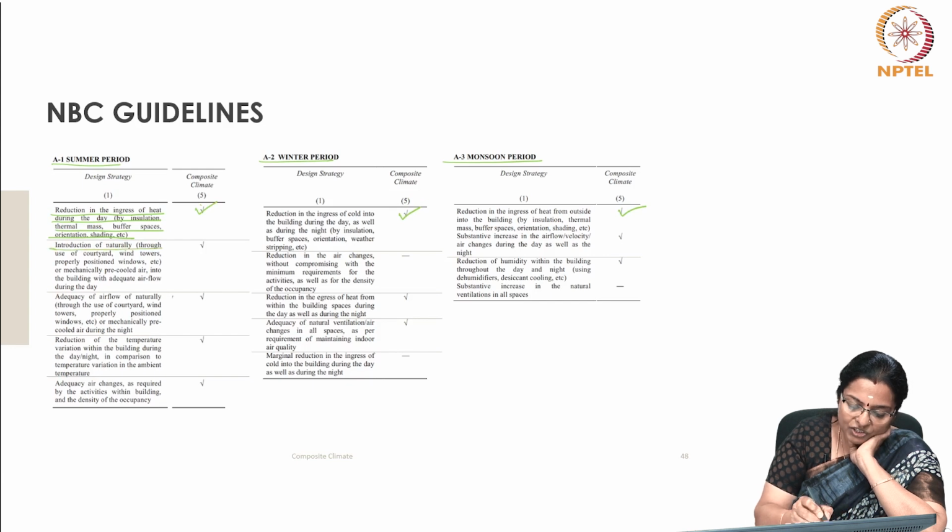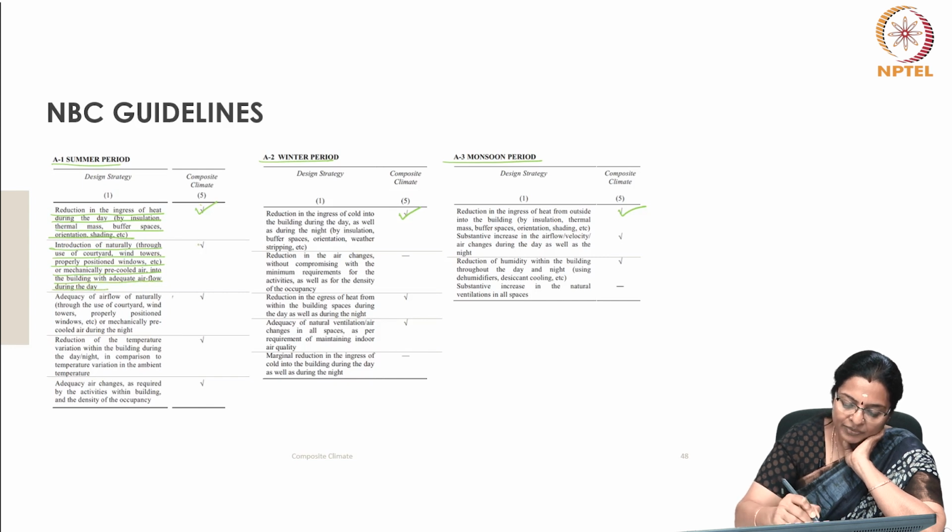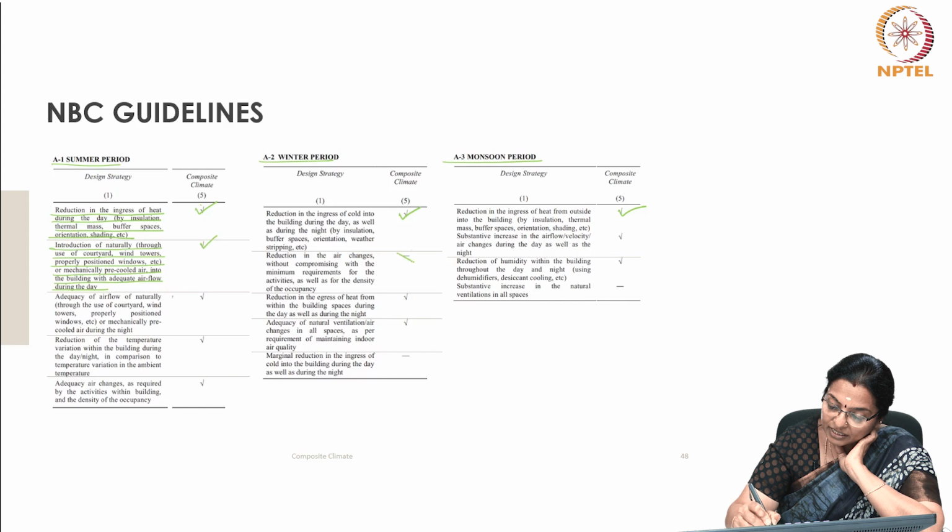Introduction of natural ventilation through use of courtyard, wind towers, properly positioned windows or mechanically pre-cooled air into the building with adequate airflow during the day is essential in the warm time but definitely not during the winter period.